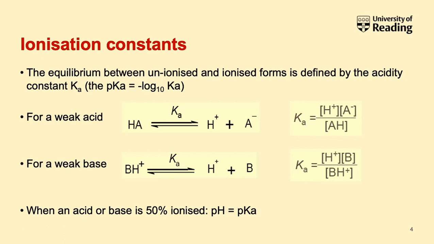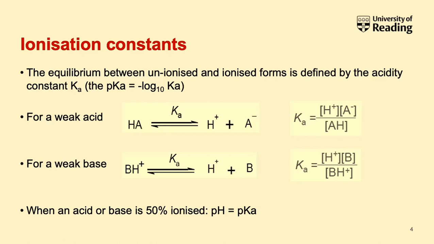And the equilibrium can be determined from an equilibrium constant, so that will be a capital Ka for the ionization constant, which will be the concentration of the products over the concentration of the reactants in the way that you've seen before. And we can write a similar thing for a weak base.